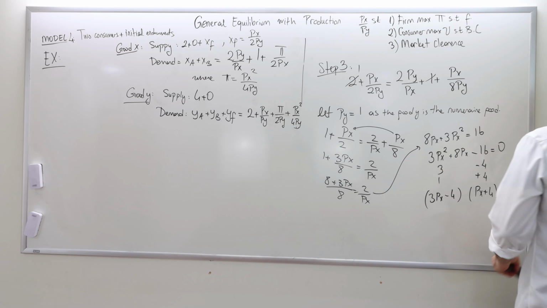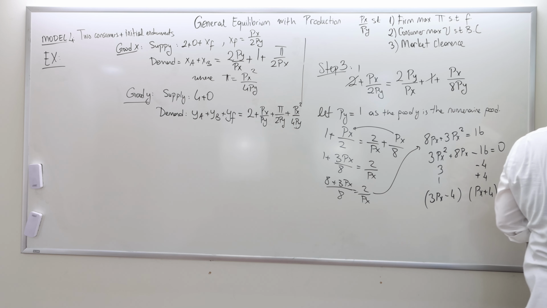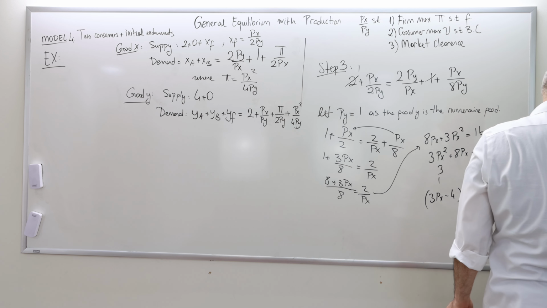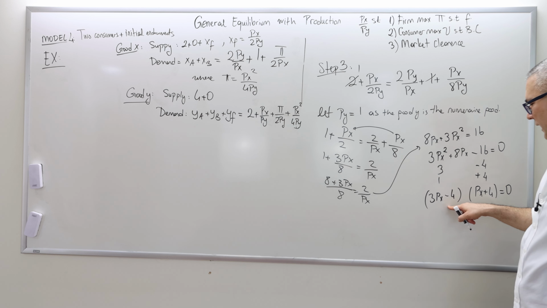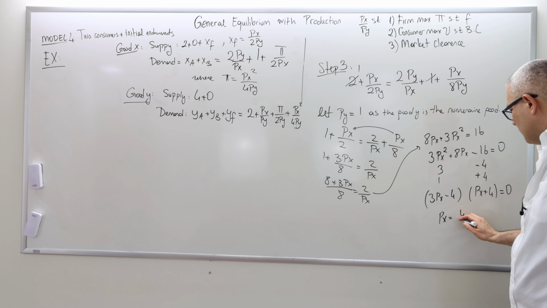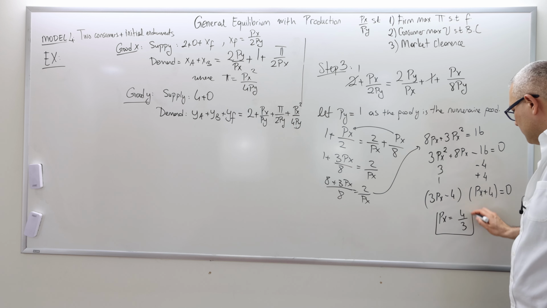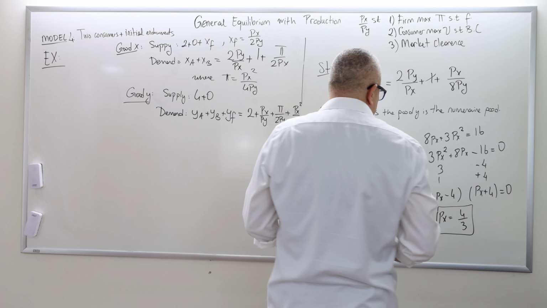All right. Yeah, it seems like that's true. So this cannot be 0 because PX is always non-negative. So this has to be 0. So therefore PX equals 4 over 3. All right. That's exactly how I would solve it.